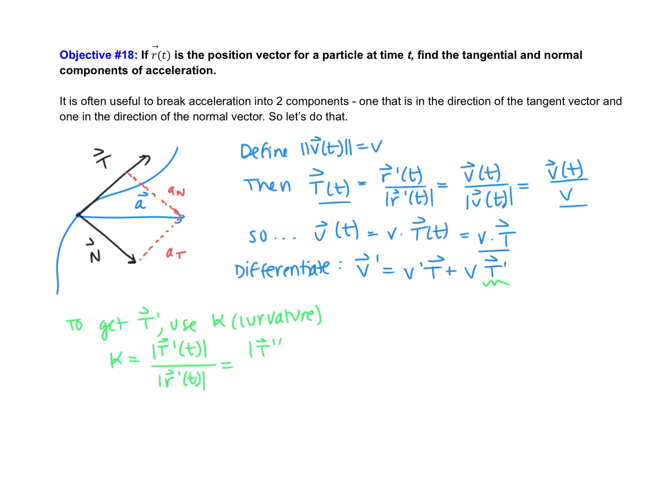So that numerator stays the same, but r prime, if you remember, is just velocity. So that's really the same as the magnitude of the velocity vector. So that's just v. So what that gives us then is that the magnitude of the derivative of the unit tangent vector is equal to curvature times v.